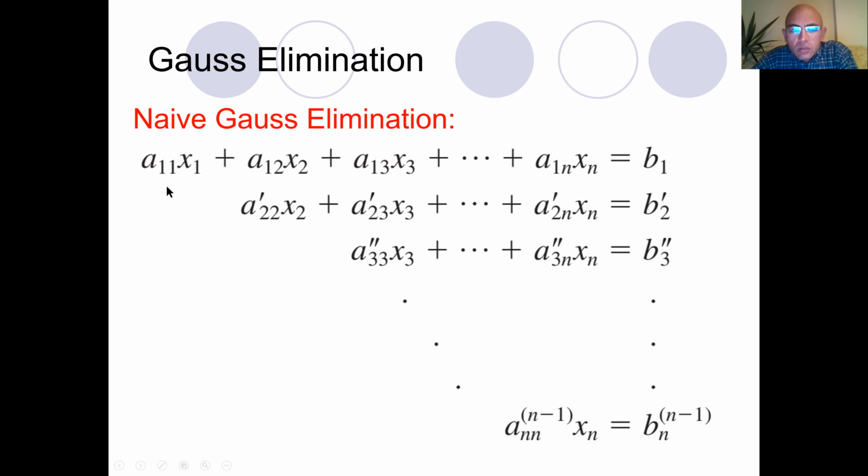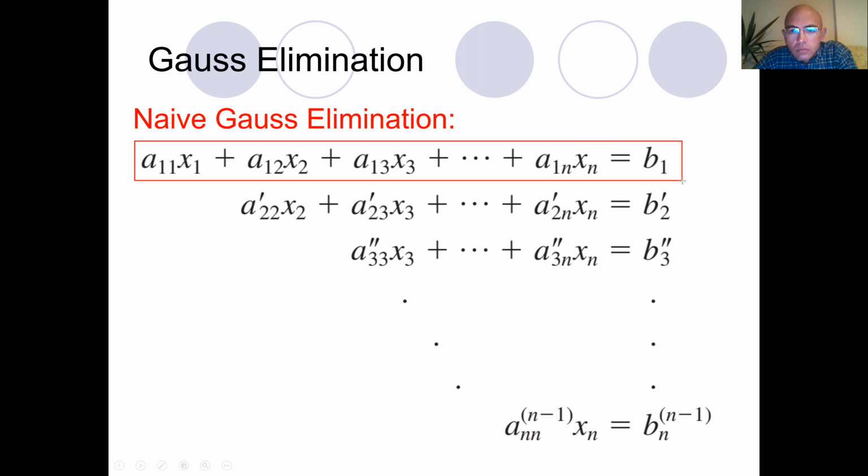Okay, so the first equation contains all the terms. Then, of course, I choose the second equation as a pivot equation, and then I make the elimination of x2. This will be my second step.